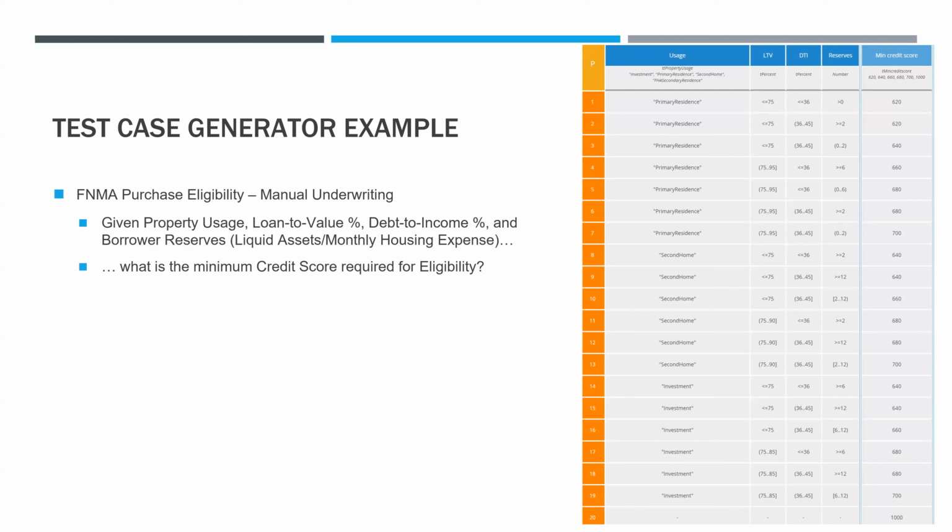So based on the property usage, the loan to value ratio, debt to income ratio, and the reserves, this decision table shows the borrower's minimum credit score required to qualify for a mortgage. As noted earlier, 225 test cases are required for full coverage, but we want to do it using MCDC in far less, around 16 or fewer.